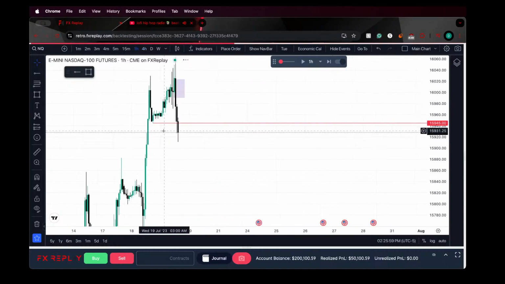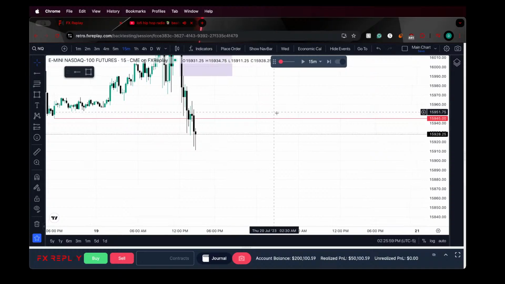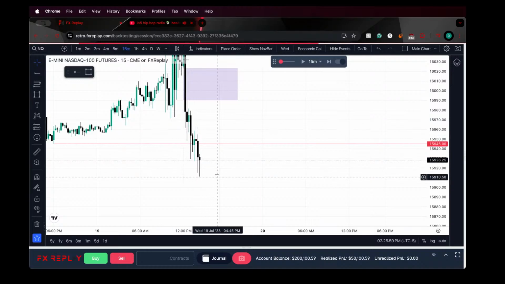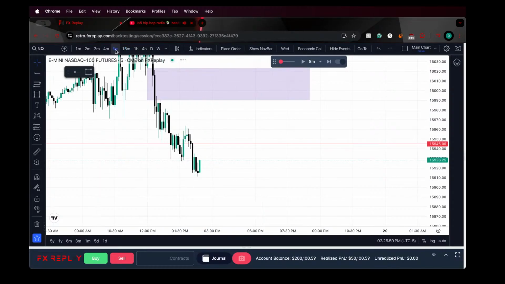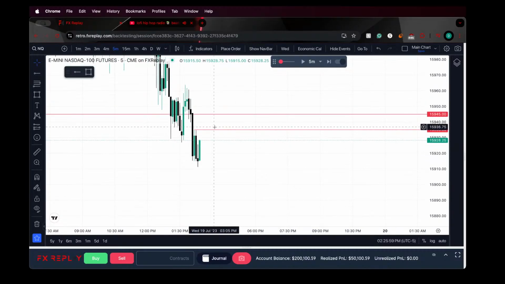Four-hour, previous hourly swept. We've been chopping around for some time here. We have this 5-minute that we've been edging.